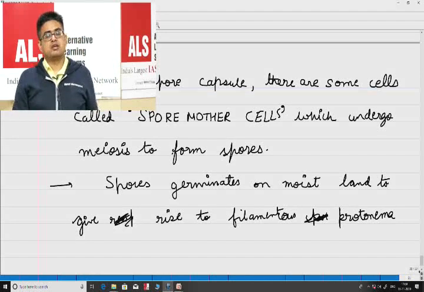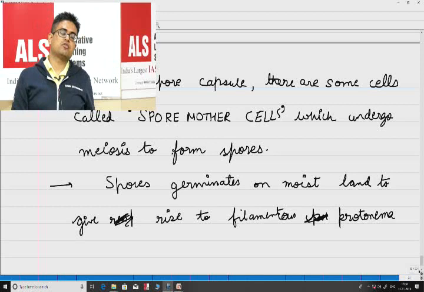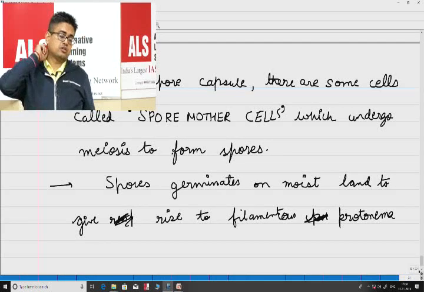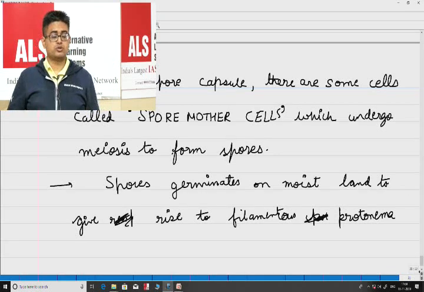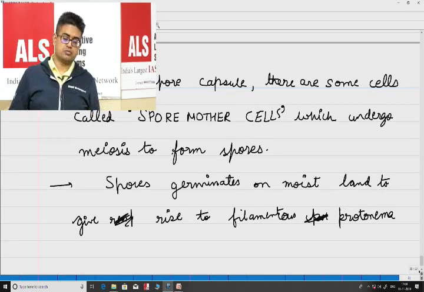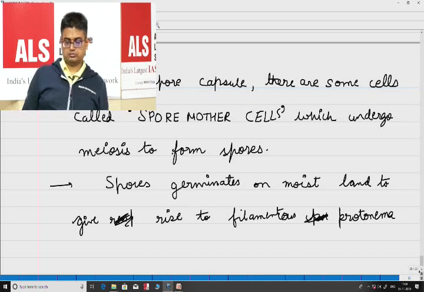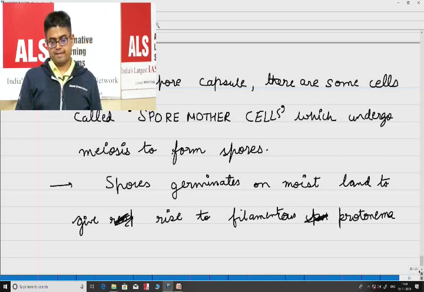So primary gives say about 100 secondary protonema. Secondary protonema will give basically about 10,000 protonema or new cells from just a single sample. Okay, so this is about protonema.